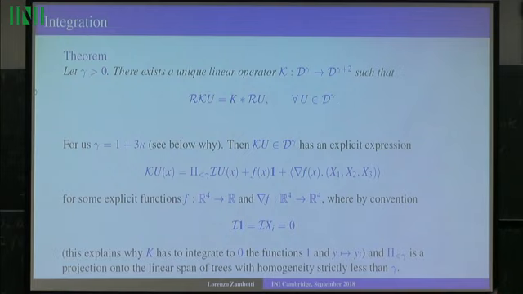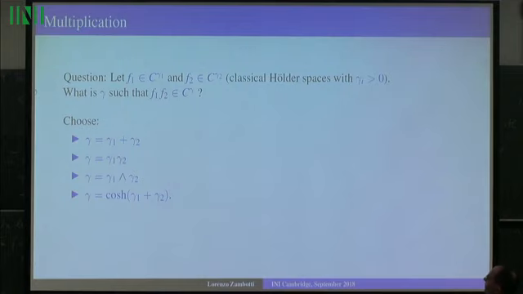Okay, so this is one operation you can do on model distributions: integration. We need another operation, because in the phi 4 3 we have a u cube, so we need to multiply model distributions. First a question. You have 2 functions, f1 and f2, which are C gamma 1 and C gamma 2 respectively. These are classical Hölder spaces with positive exponents. So a question for you: what is gamma such that the product is in C gamma?